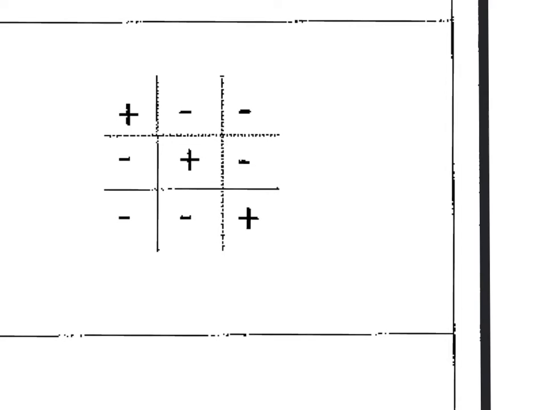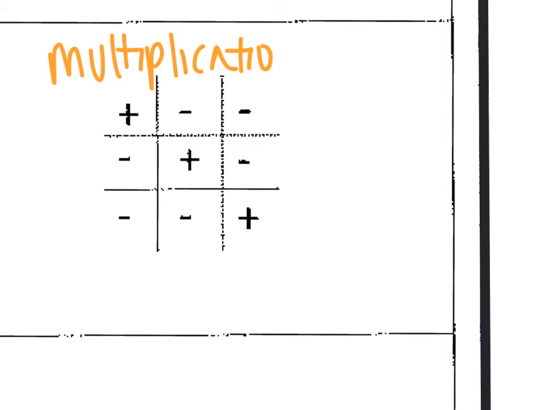This tic-tac-toe board has helped us remember our multiplication sign rules. So if you have two negative numbers, if you multiply a negative times a negative, you're going to get a positive. If you had one of each, a negative times a positive is going to give you a negative.